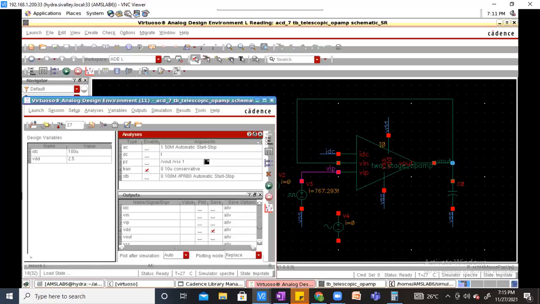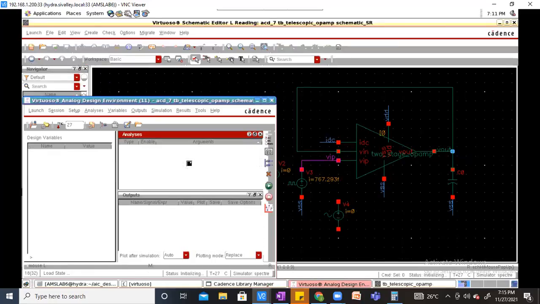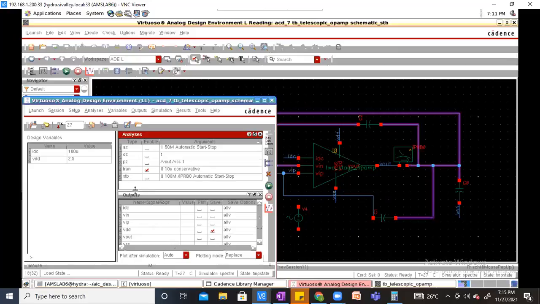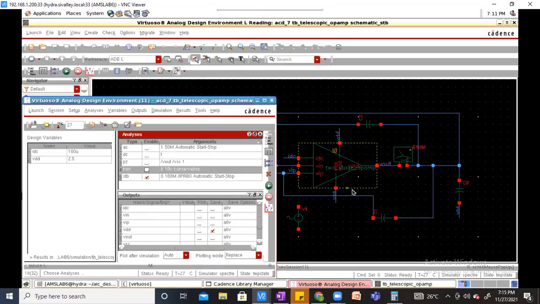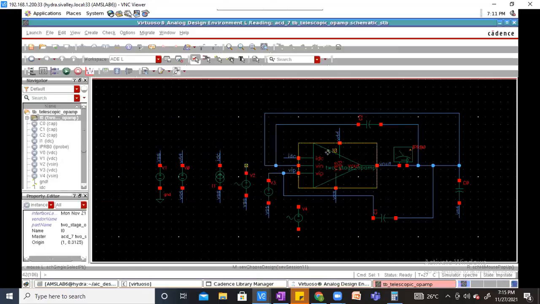Let's go to stability now. Okay, now for the stability, we will see how much it is. Hold on. So this is still pointing to the storage stage open.